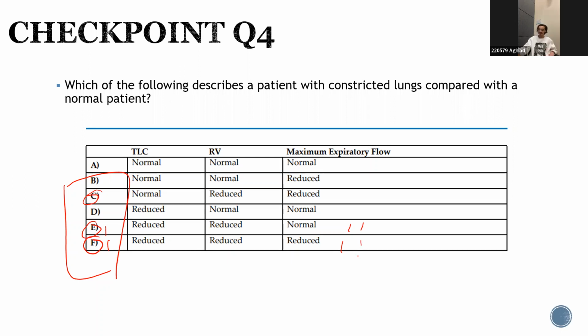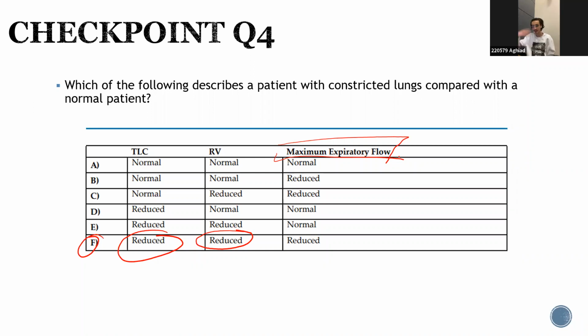I see why you guys are confused. And the correct answer, drum roll please, is F. That is because the total lung capacity is decreased, we get that, and the residual volume decreased. But here, think outside of the box. Don't be very monotonous in the way you think, because maximum expiratory flow isn't the same as the ratio.